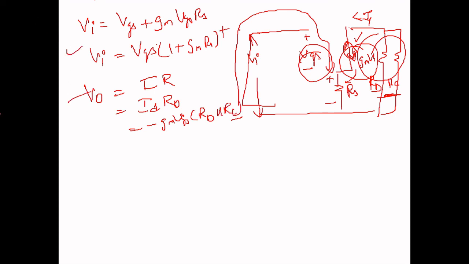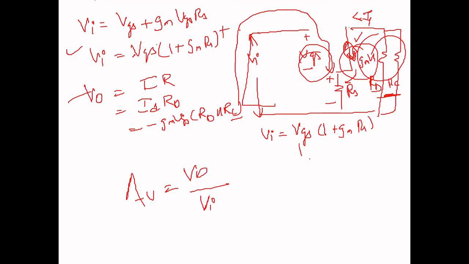So now you want to find V naught by VA. From here we can find VGS. Already we know 1 plus gm RS. So from here I can write VGS equal to VA divided by 1 plus gm times RS. I want to substitute here so that you will get your gain.